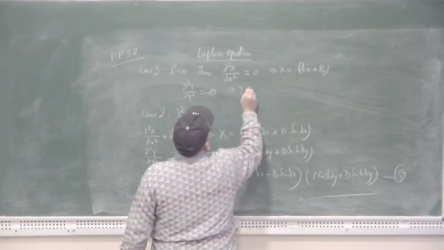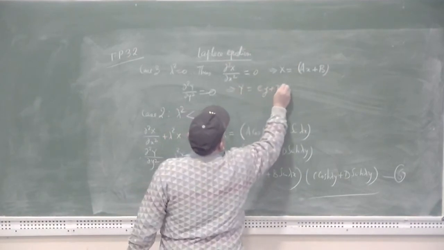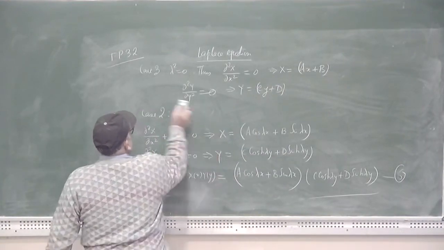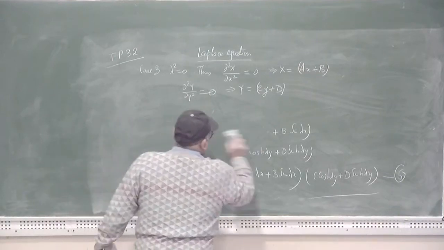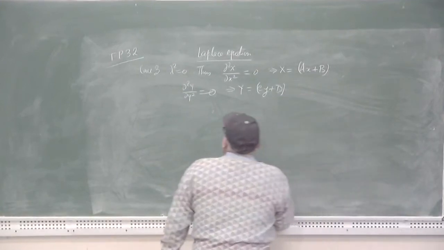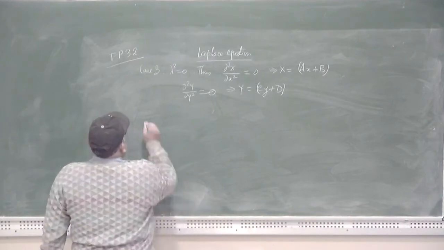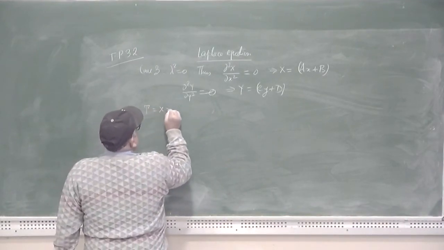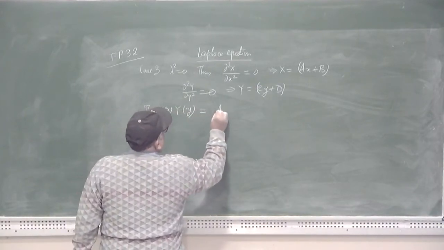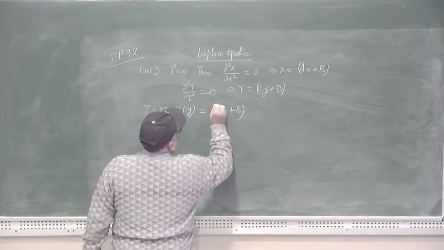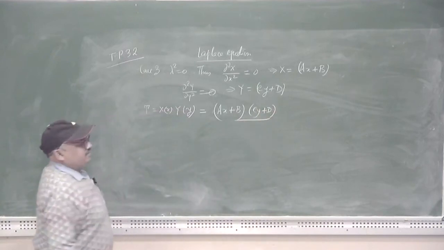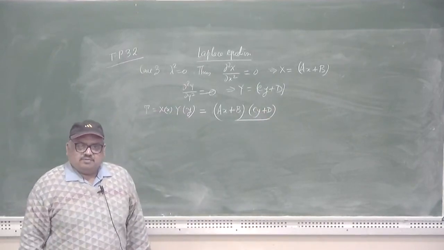So, the value of Y will come as cy plus d, and hence the solution, that is T, a function of x and y, is equal to (ax plus b) into (cy plus d). In this case as well, we have to evaluate a, b, c and d from the prevailing boundary conditions.